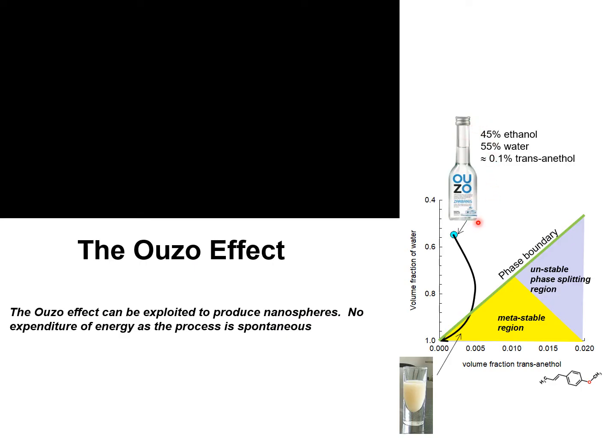Ouzo is an aniseed-based drink consisting of 45% ethanol, 55% water, and 0.1% transanethol. This is the phase diagram for this ternary mixture.